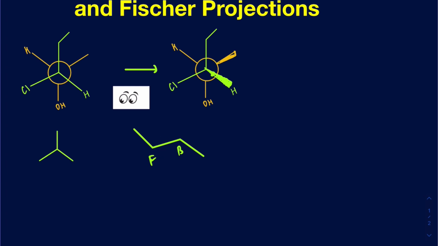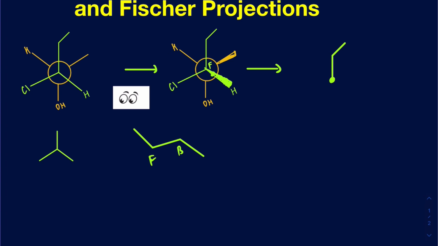So if I follow that particular scenario here, maybe I can just focus on my front carbon first, and maybe I can just draw a sawhorse projection first. So that's your front carbon, so I can see what's really going on in my front carbon. I have in the front carbon this alcohol that's pointed up, so that's how I exactly want to draw it.